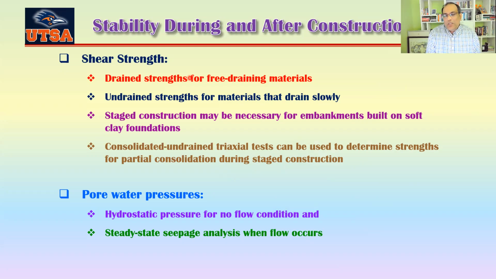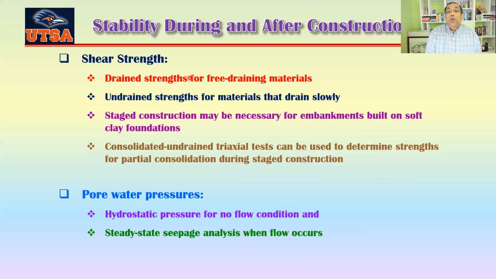If only 5% consolidation occurs, or the excess pore water pressure cannot dissipate or consolidate within the time frame of the construction, then you have to use the undrained shear strength. Okay.